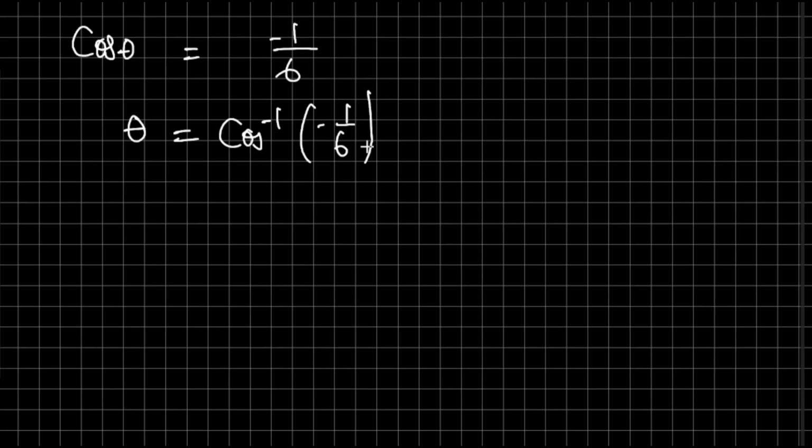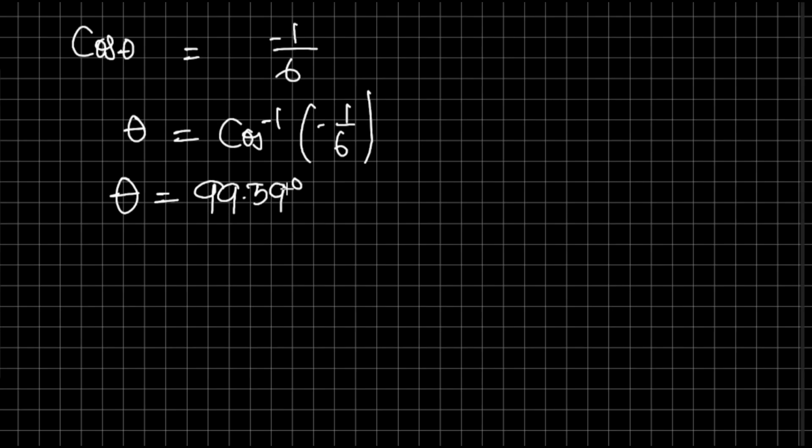So if we take the cos inverse of minus 1 over 6, we have that the answer is theta equals 99.59 degrees.